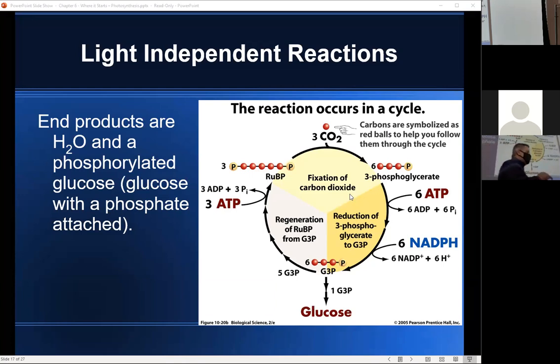So before we go through the step chart, let me explain exactly what happens here. I'm going to write this down on the board.